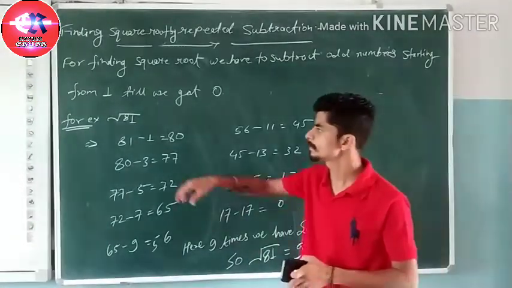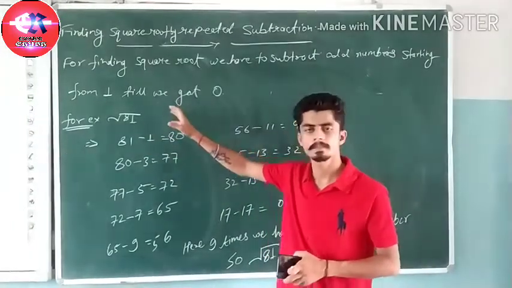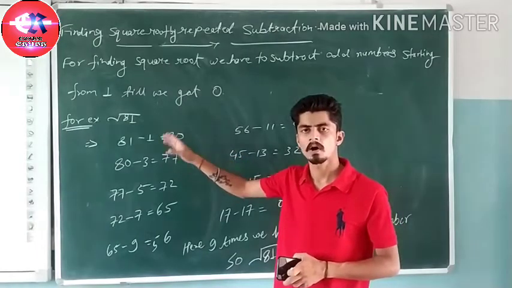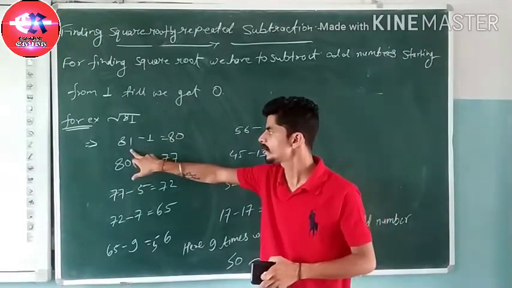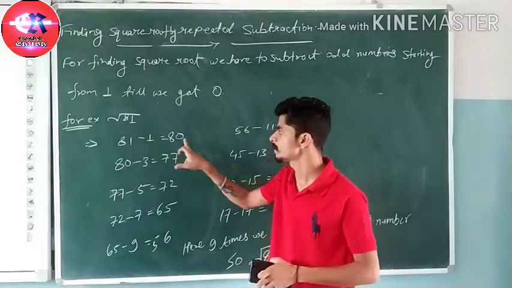For example, we have to find the square root of 81. As we know, we have to subtract the odd numbers starting from 1. So subtracting 1 from 81 we get 80.